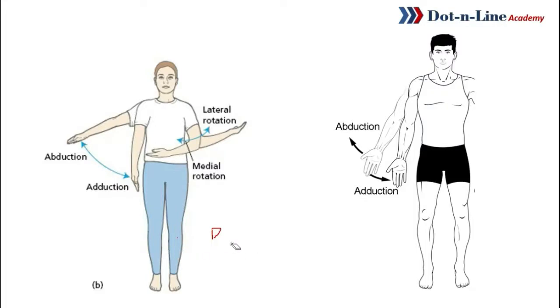Okay, so this clavicle, there is the humerus, there is the manubrium, the upper end of the sternum. When we relate the clavicle with the humerus, the humerus is lateral and the clavicle is medial.